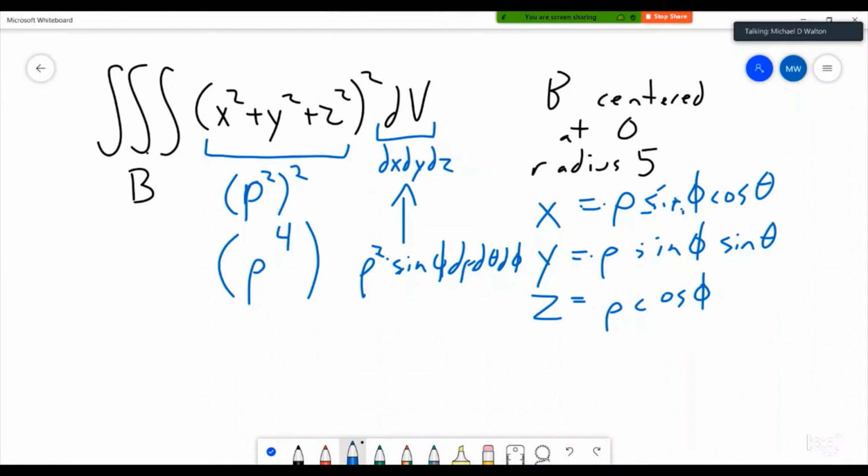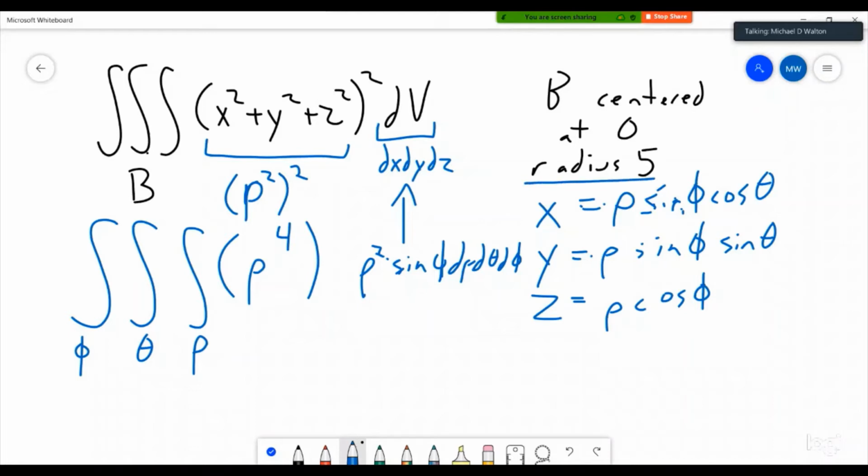Now we just have to figure out what our bounds of integration are on these different integrals. We have rho, then theta, then phi. In this case, we have a ball centered at 0 of radius 5, so rho goes from 0 to 5.